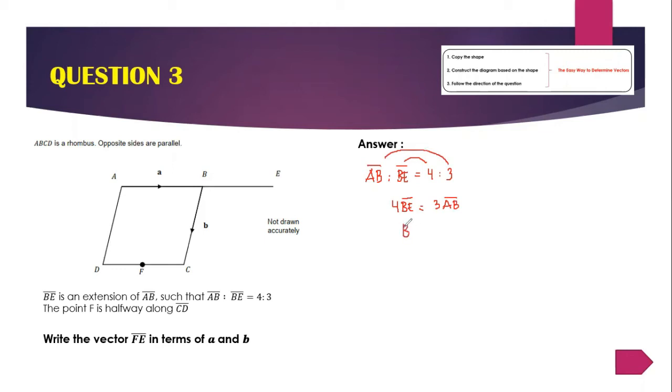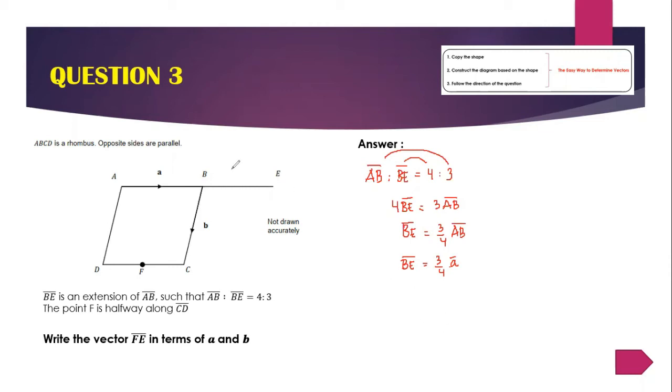So vector BE equals 3 over 4 times vector AB. AB is a, so BE is 3 over 4 vector a.